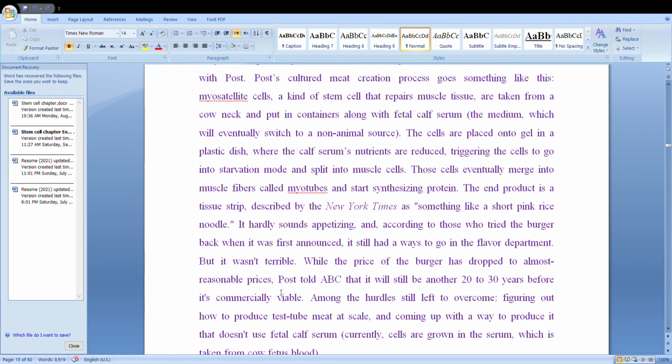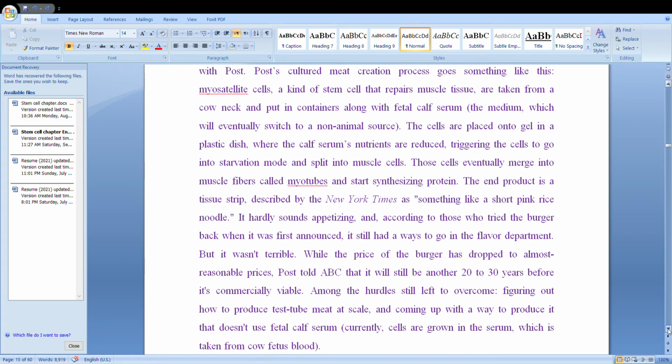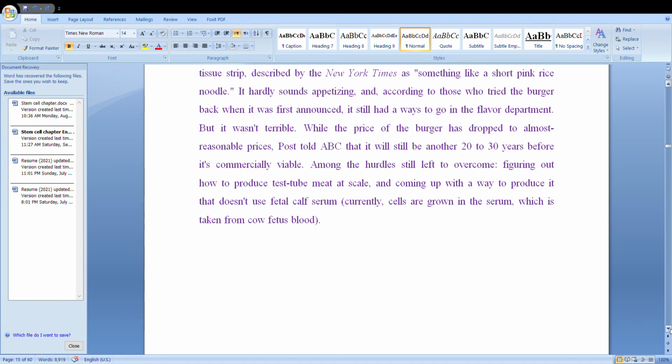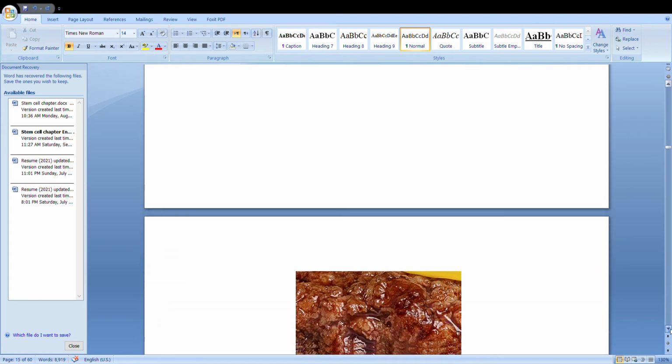So they used the same media, and then finally they produced the meat in the laboratory. This was also published in the New York Times newspaper, and then finally they succeeded in producing meat for burger.